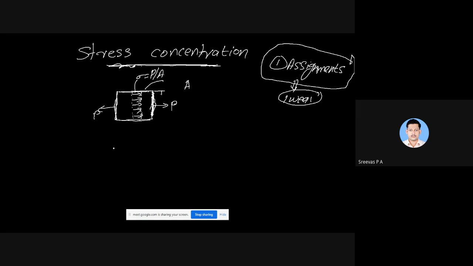Okay. If some change of shape occurs, let this diameter be D2 and this diameter be D1.